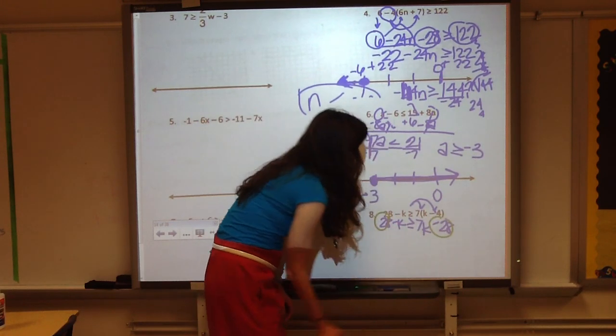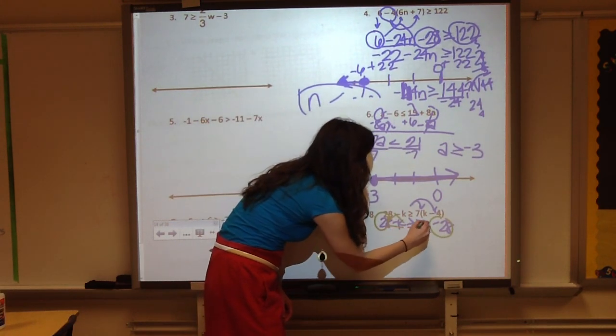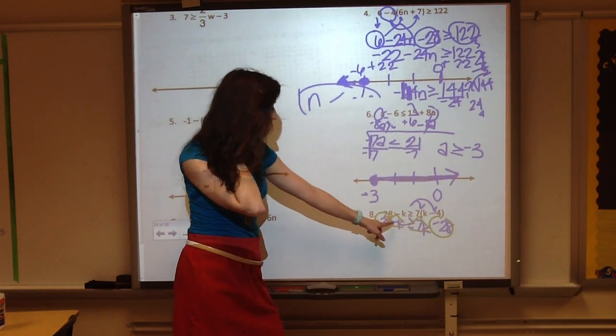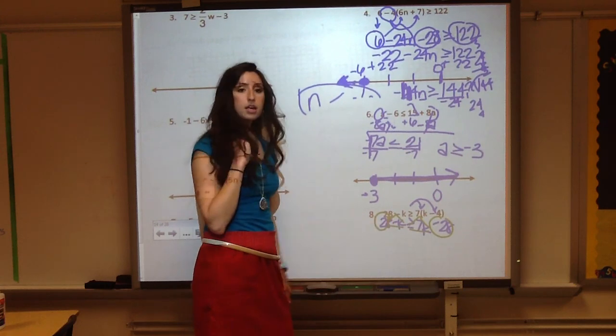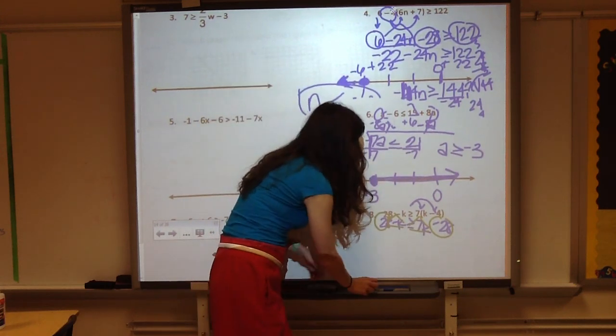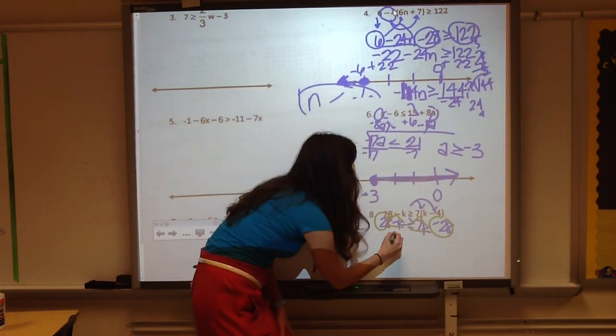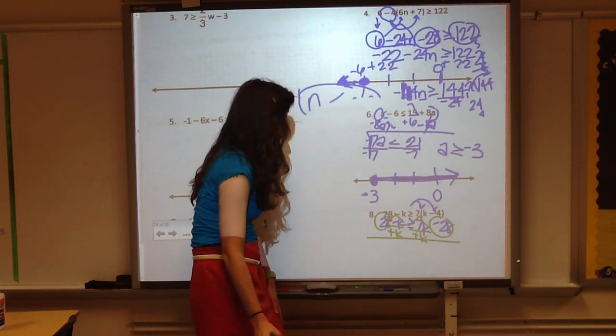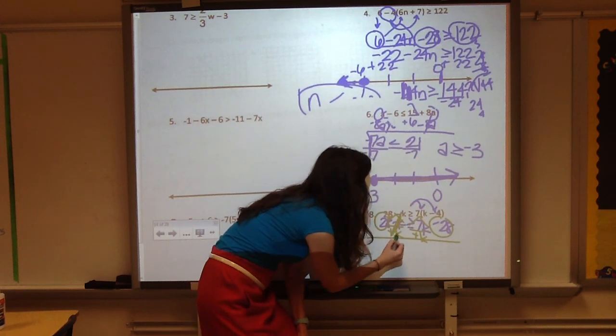Circle my non-triangle, my variables. Okay? If I want to put my variables on the same side, what am I going to do to move that k? It is negative, so I'm going to add plus k, plus k. So here we go. I have no k left.